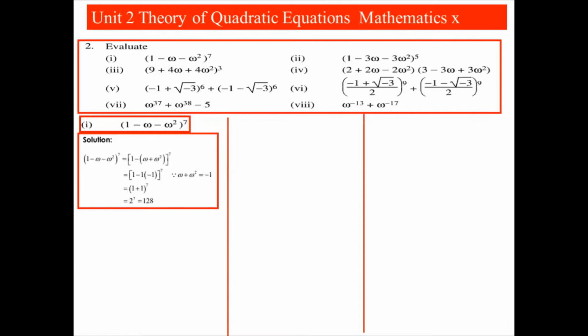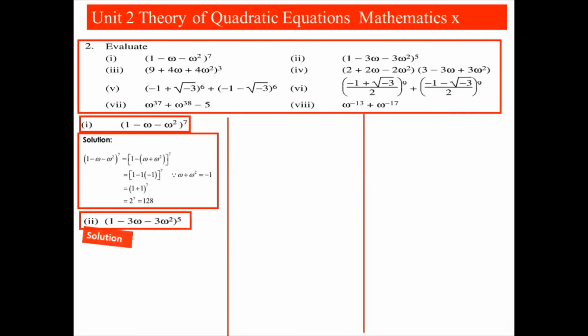So you have to remember the properties of cube root of unity. The most important property is 1 plus omega plus omega square is equal to 0, and second is omega cube is equal to 1. So now part 2, (1 minus 3 omega minus 3 omega square) whole raised to power 5.